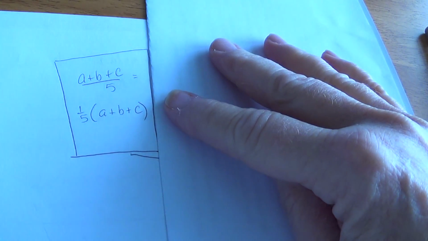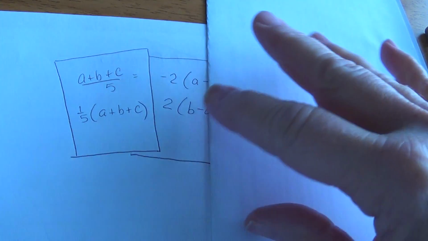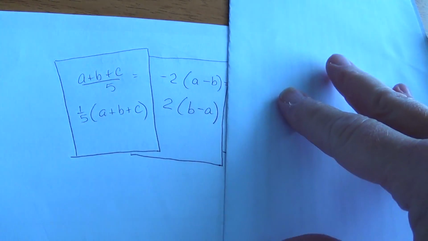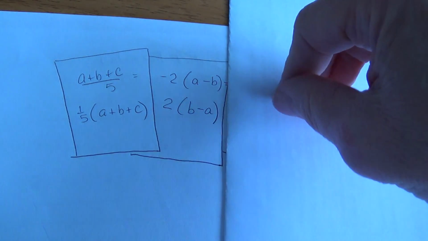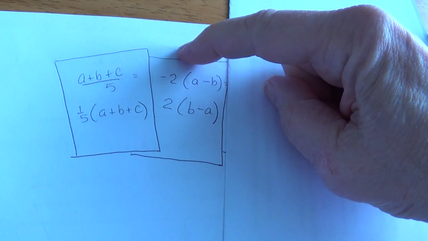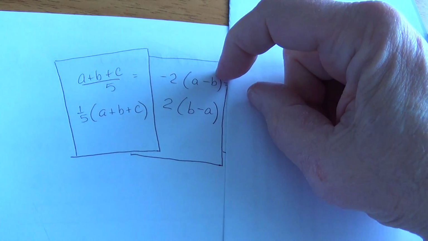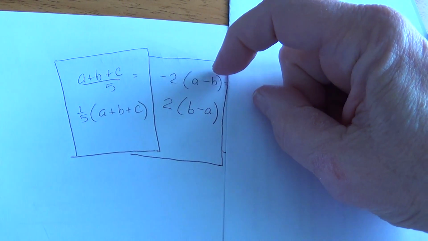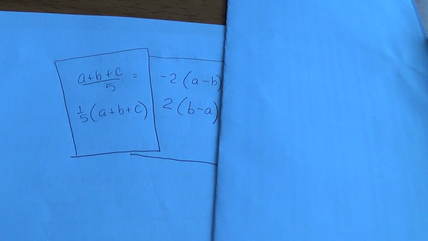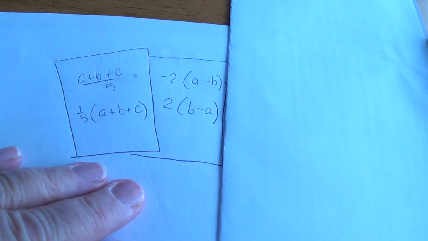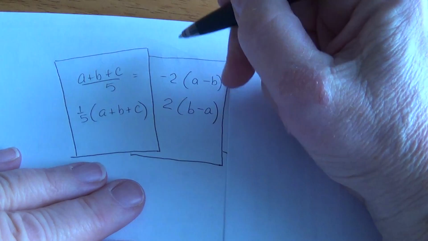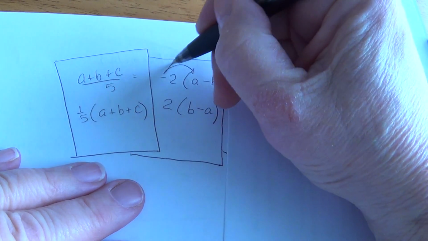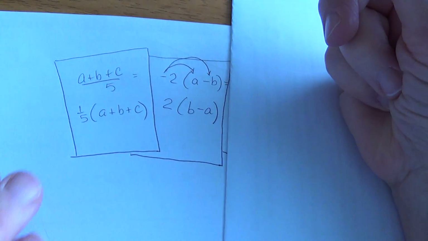The second card that we're going to look at is one that you should also be aware of. When I have a negative in front of a set of parentheses, I can distribute that negative sign through, just leaving the 2 out there. And when I do that, do you see how it changes the sign of everything in the parentheses?